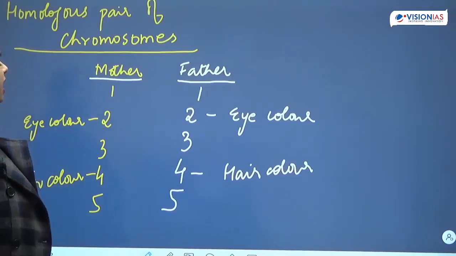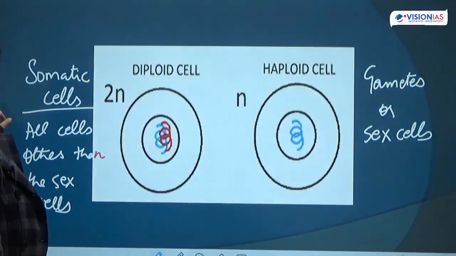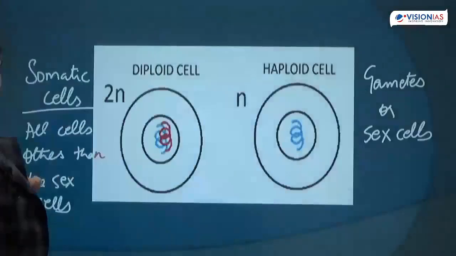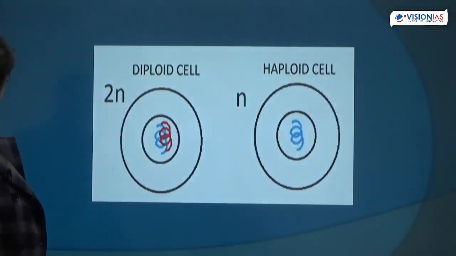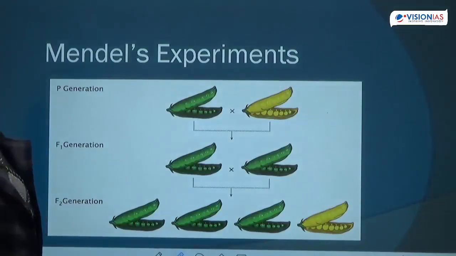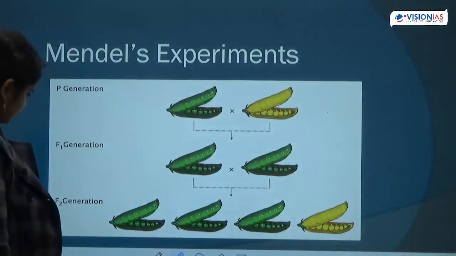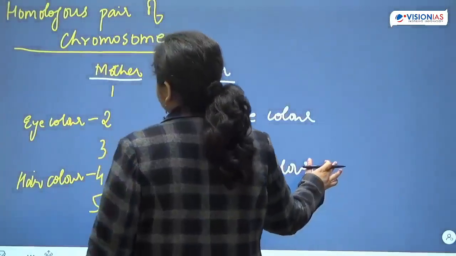Okay, now we are going to see how this inheritance is actually being affected. And we'll do that through the experiments of Mendel. So in the beginning of the class, somebody had remembered Mendel.